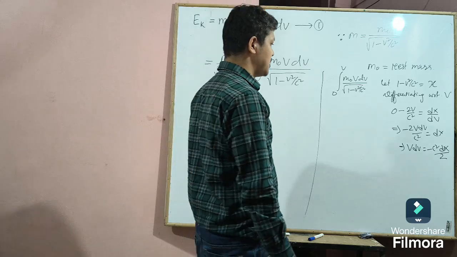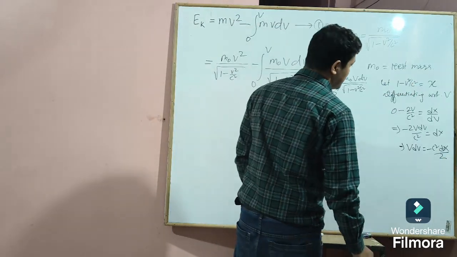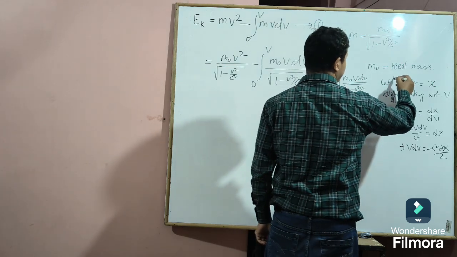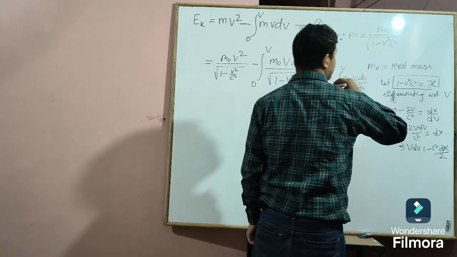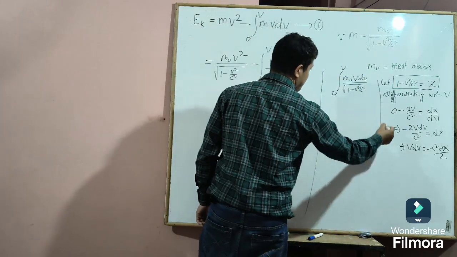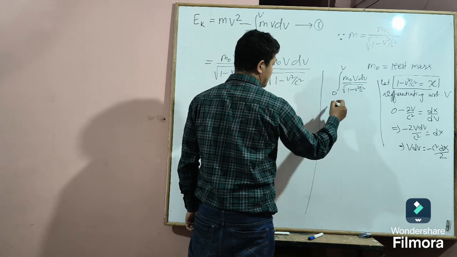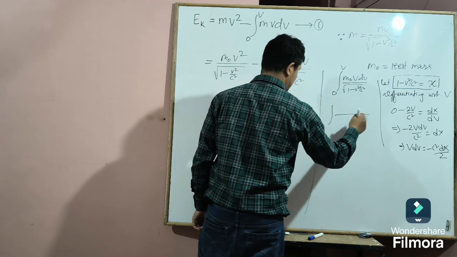So hope you can see it clearly. One more thing, if you consider that 1 minus v square by c square is equal to x, and if you integrate this now from 0 to v, we have to change these limits.